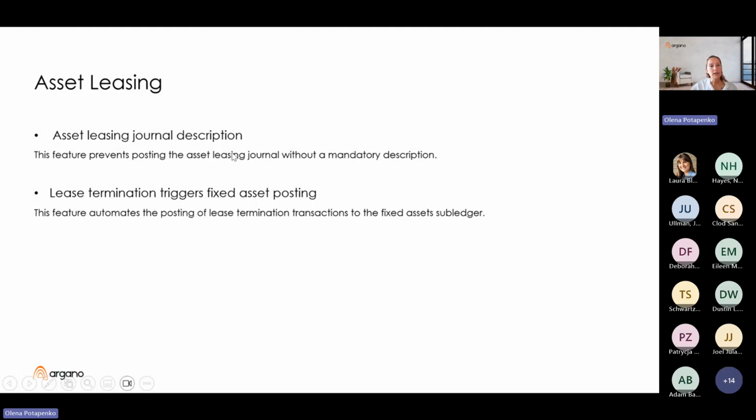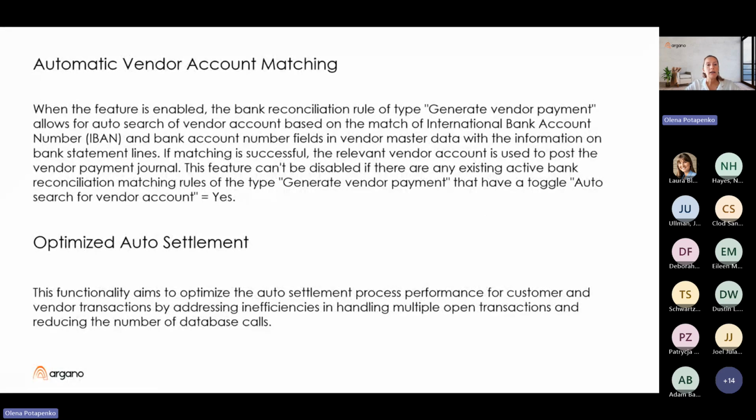And another feature is about lease termination triggers fixed asset posting. So this feature automates the posting of lease termination transactions to the fixed asset subledger. And another feature in this release is related to the cash and bank management module.